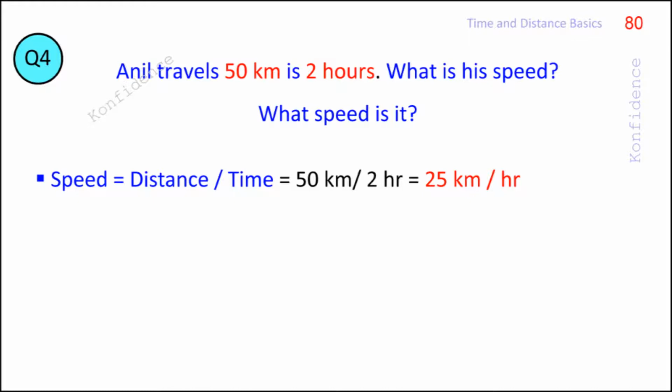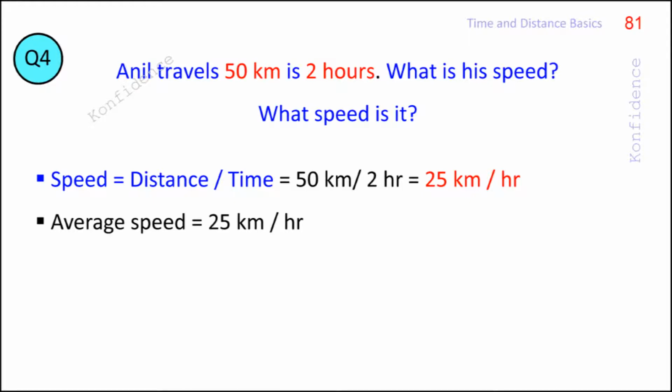Now, we do not know whether Anil traveled the entire 2 hours at the same speed or not. If he had traveled at the same speed throughout the time, then 25 kilometers per hour that we got represents the constant speed at which he was traveling.